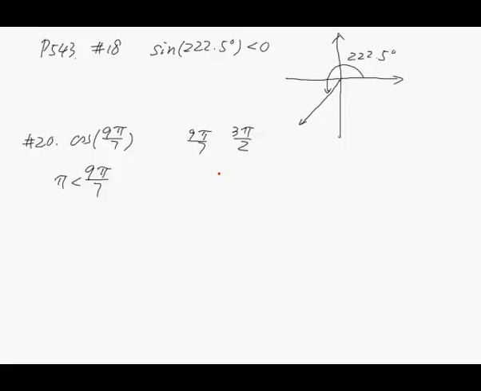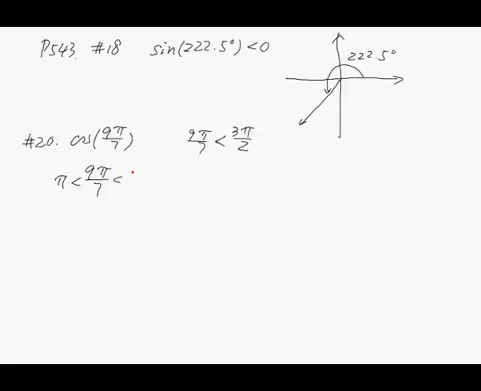Which one is bigger? Which one? And you may use a calculator to compute. 9 over 7 is about 1.3. 3 over 2, 1.5. Right? So definitely this 9 pi over 7 is less than 3 pi over 2.